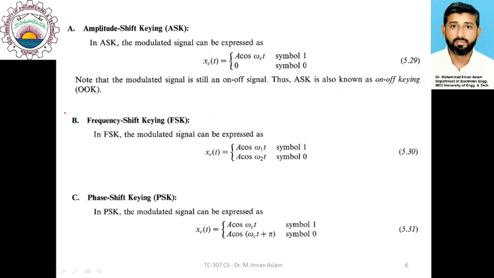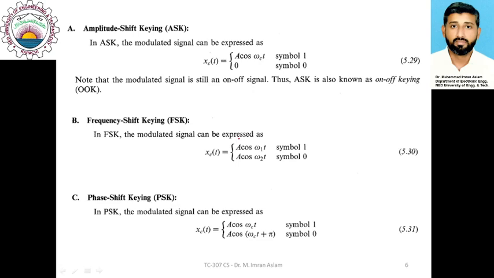Similarly, if we talk about frequency shift keying, it means we will be using two different frequencies to represent the binary information. Symbol 1 will be represented by one frequency, represented by omega 1 here, and symbol 0 will be represented by another frequency, represented by omega 2 here.